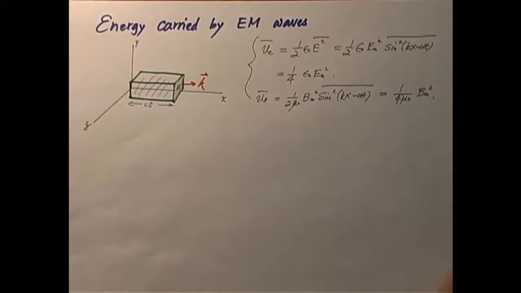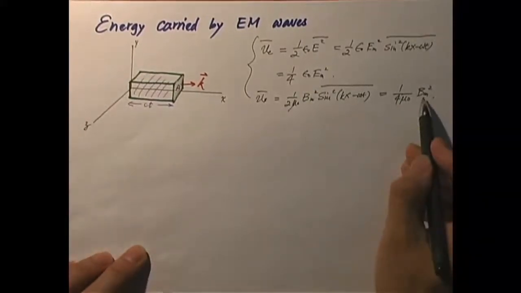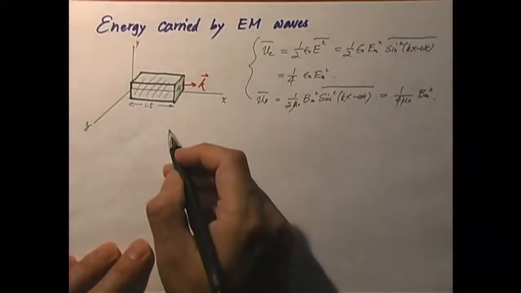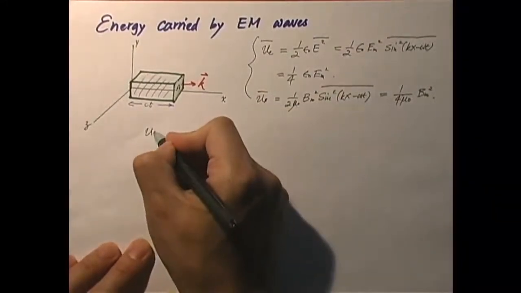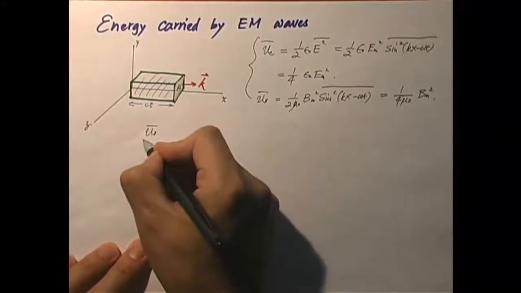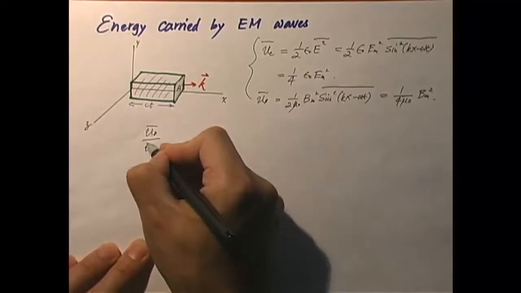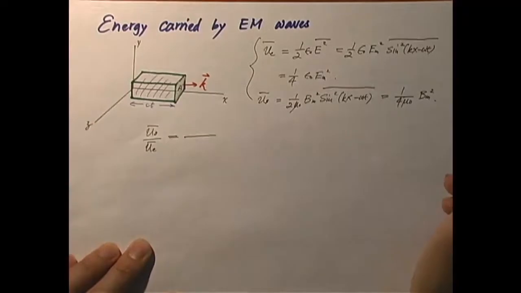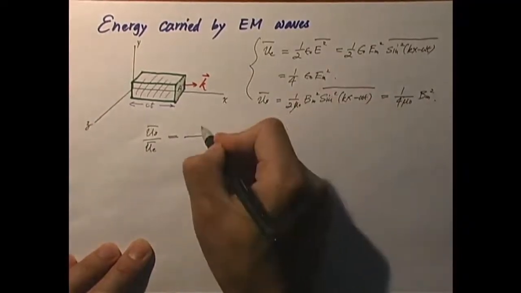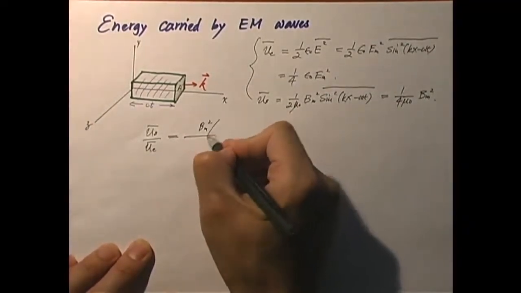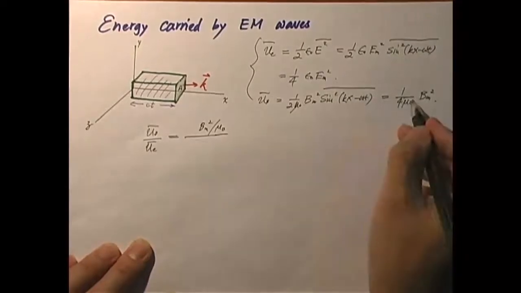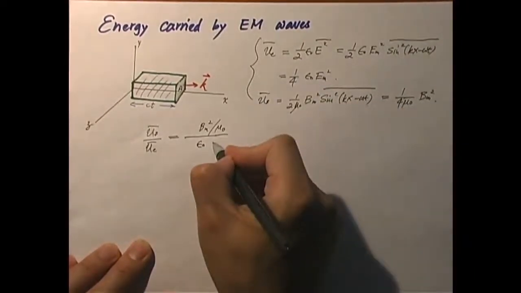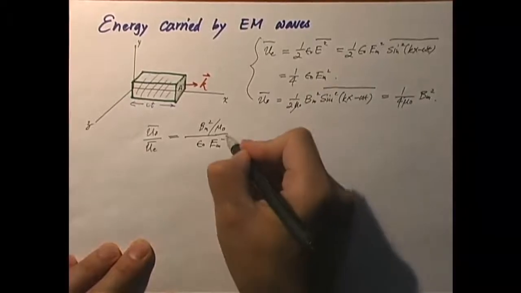How do I show that? Well, we know that B maximum equals E maximum over c. So I have UB over UE, the ratio, and I want to show that the ratio equals 1. The 1/4 cancels out. This is B maximum squared over mu naught, divided by epsilon naught E maximum squared.